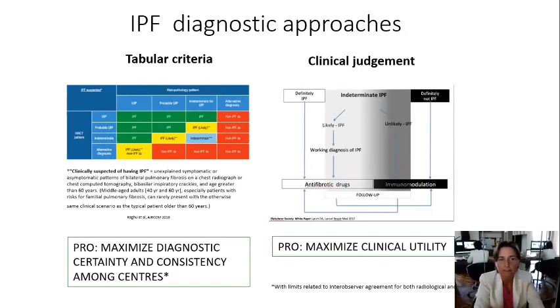We have a more tabular approach that is probably more useful in clinical trials than in real life practice, and then a more clinical reasoning approach that is closer to what we use in clinical practice, that, of course, can help us to make a diagnosis of definite IPF, definitely not IPF, but also takes into account the shadows of gray that we can have in the middle, with forms that are less likely or more likely IPF, and that can be defined as working diagnosis of IPF.